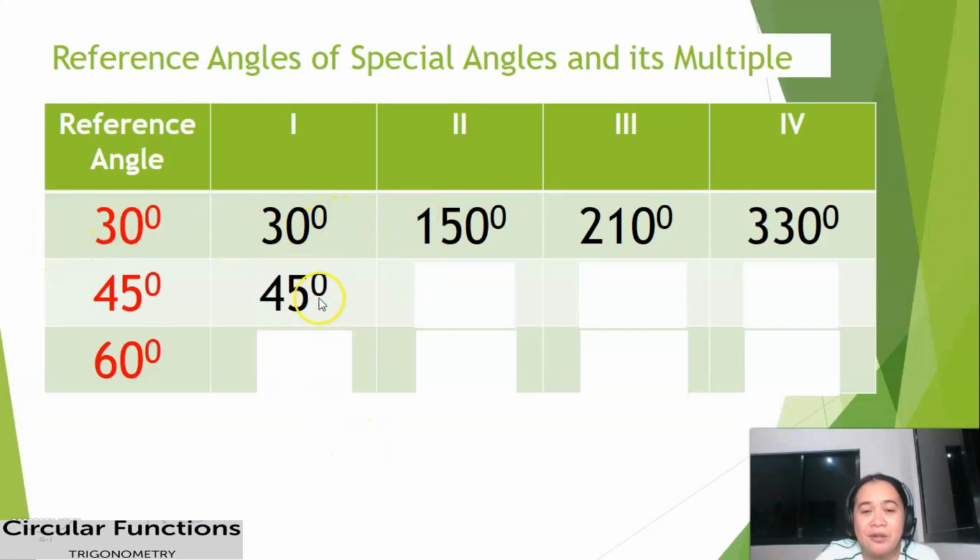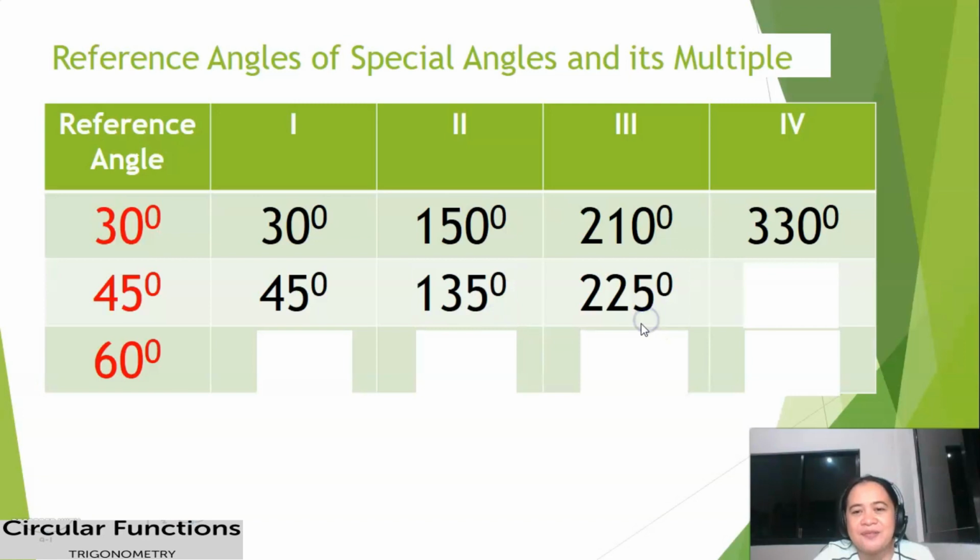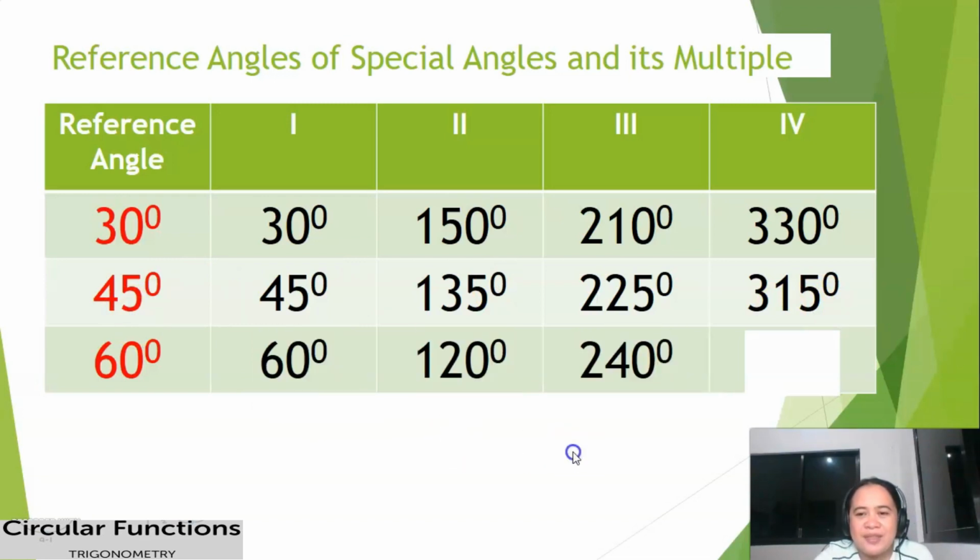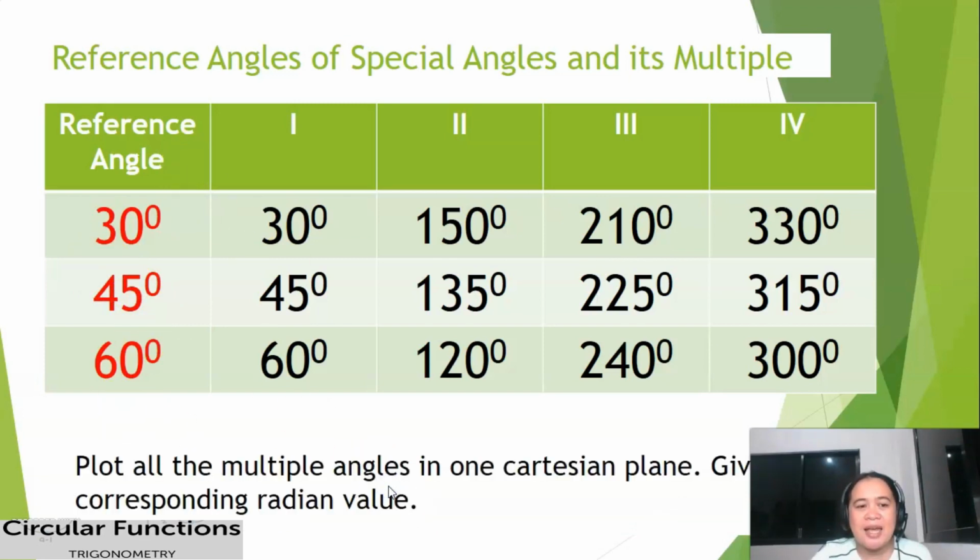Another, 45, 135, 225, and 315. All of these are multiples of 45 degrees. And for 60 degrees, we will have this one. All of these are multiples of 60 degrees. So 30, 45, and 60 are considered special angles.